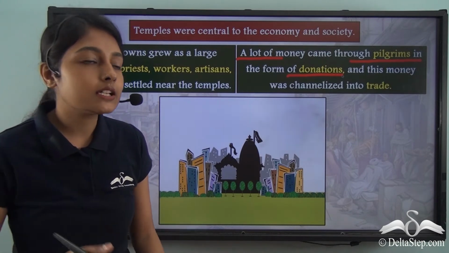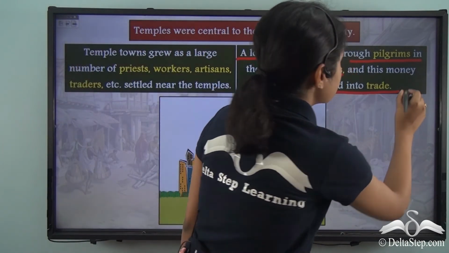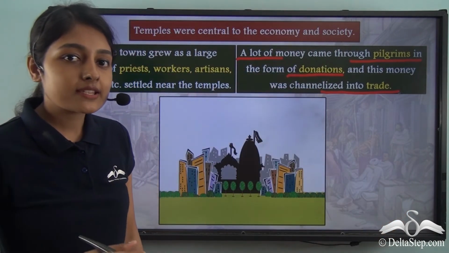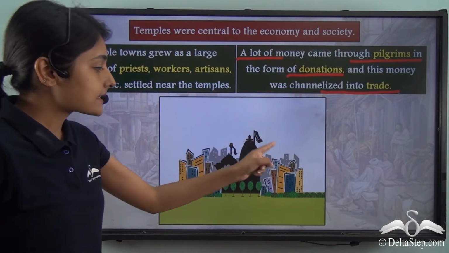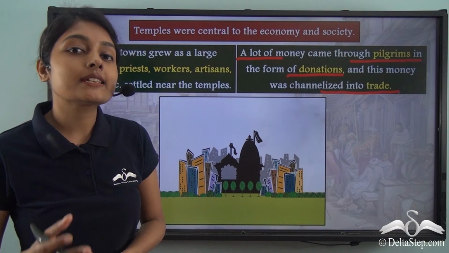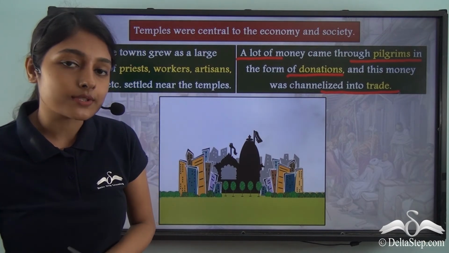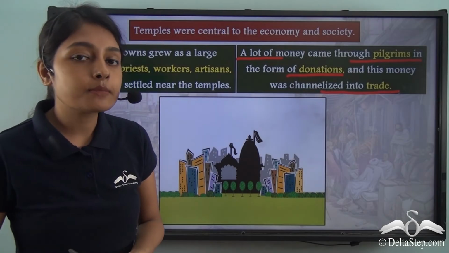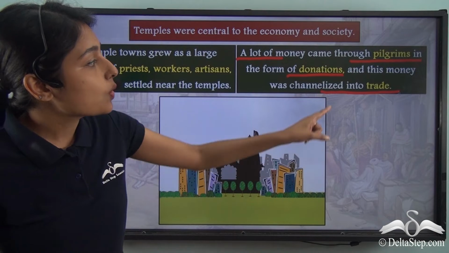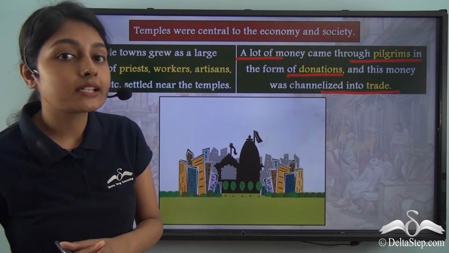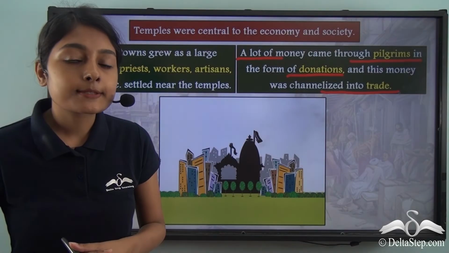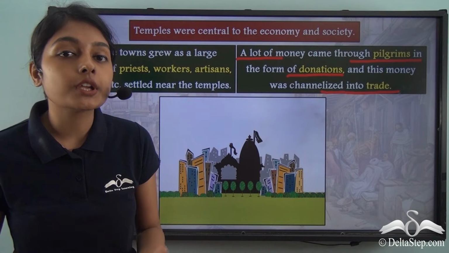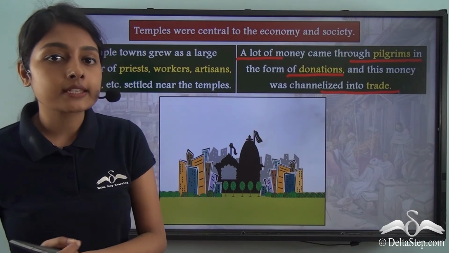This amount in turn was channelized into trade. Previously we learned that traders settled around the temples, that is, in the temple towns. And the money that came to the temple in the form of donations was then utilized in trade. So this made the temples contribute to the economic growth of the kingdoms.